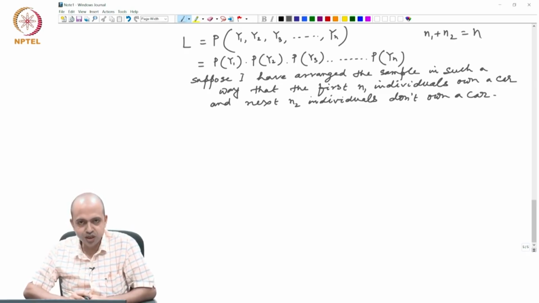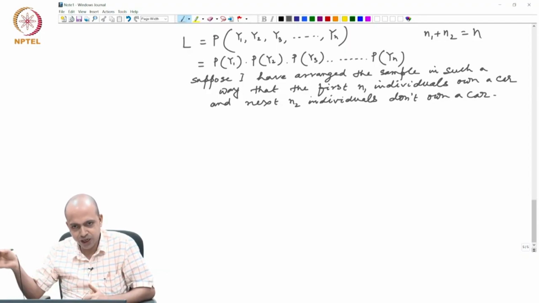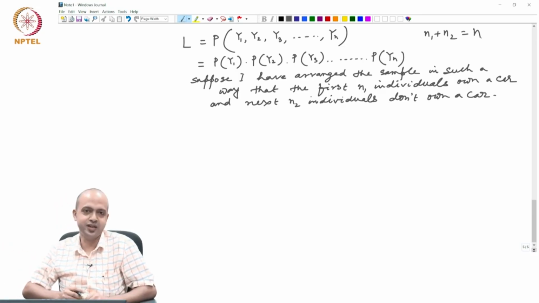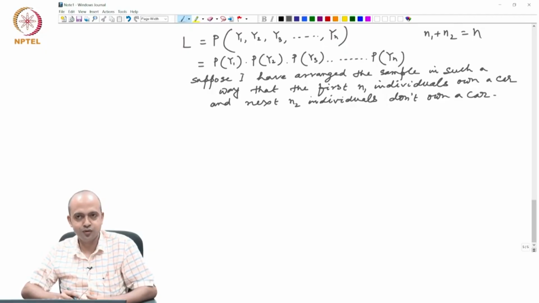So, what I am saying is, the probability of y1, y2, dot dot dot up to n1 is actually pi, because pi is the probability of observing the sample.